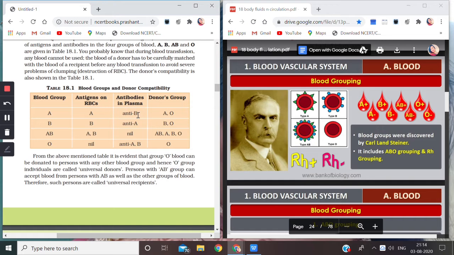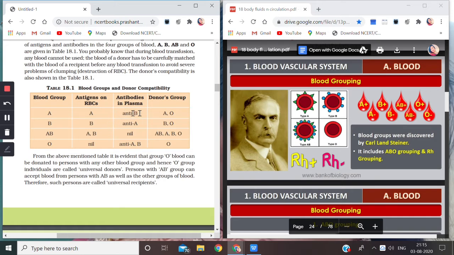The antibodies present in the plasma of this person's blood, as soon as they see B group coming into the body, will show a response because they are anti-B. They will try to kill the cells because they think these are foreign cells which should not be present in the body.